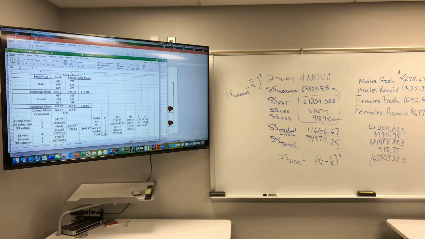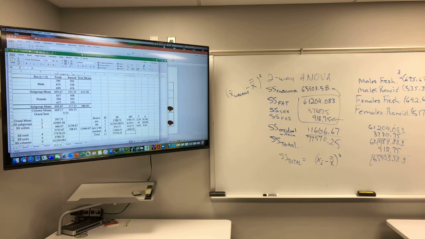You have 11 total degrees of freedom, which is the total sample size minus 1. You have the degrees of freedom from sex multiplied times the degrees of freedom for fat to give you the degrees of freedom for the interaction. And then whatever is left over is residual degrees of freedom. So once again, these things should all add up to the total degrees of freedom.